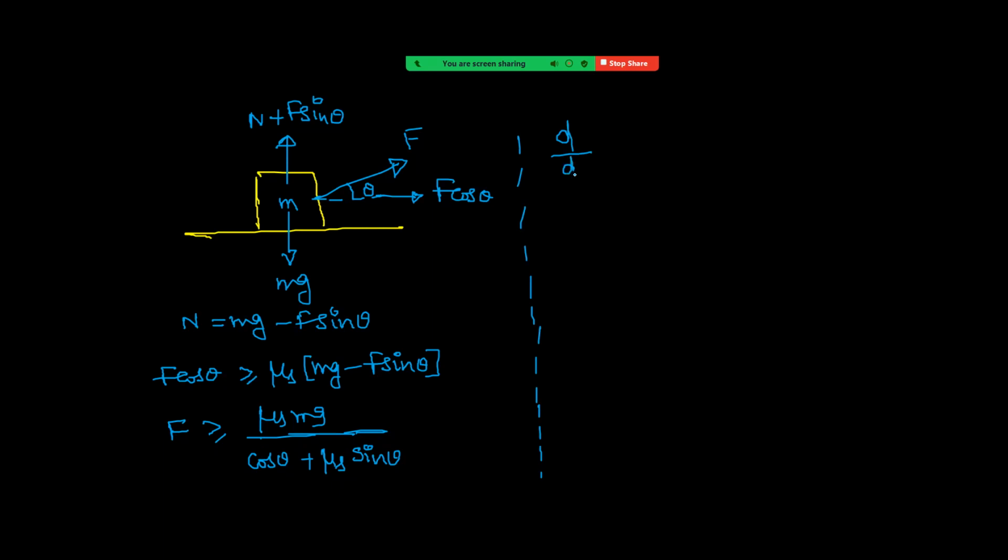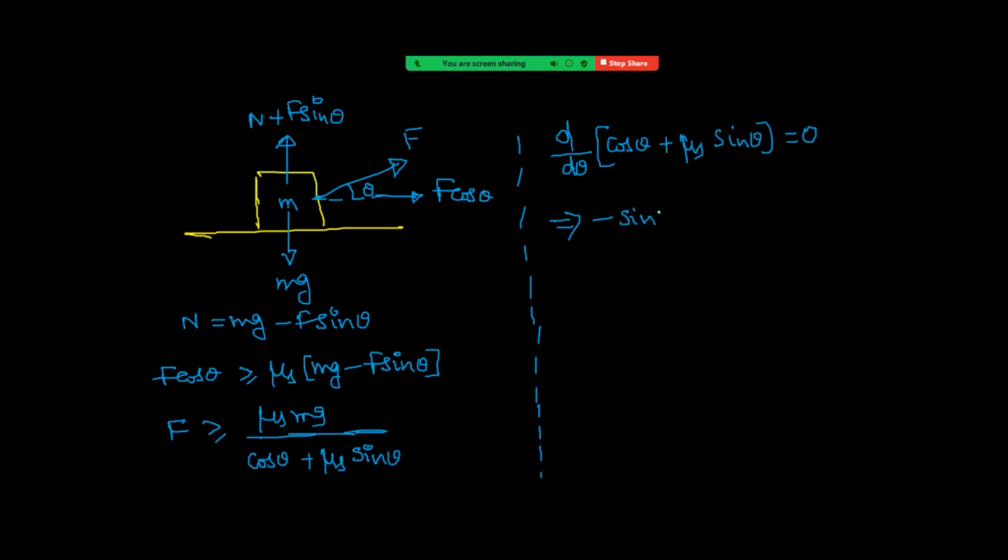So take the derivative with respect to the variable. The variable is theta. So the derivative of cos theta plus mu s sin theta should be 0, because this should become maximum. When this is maximum, the total value becomes minimum.